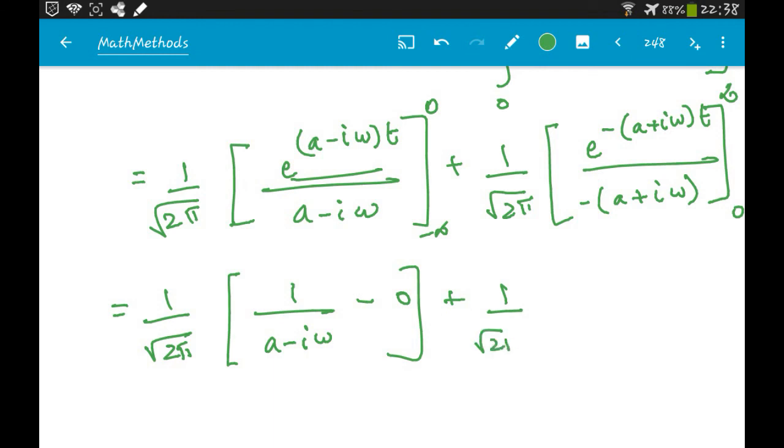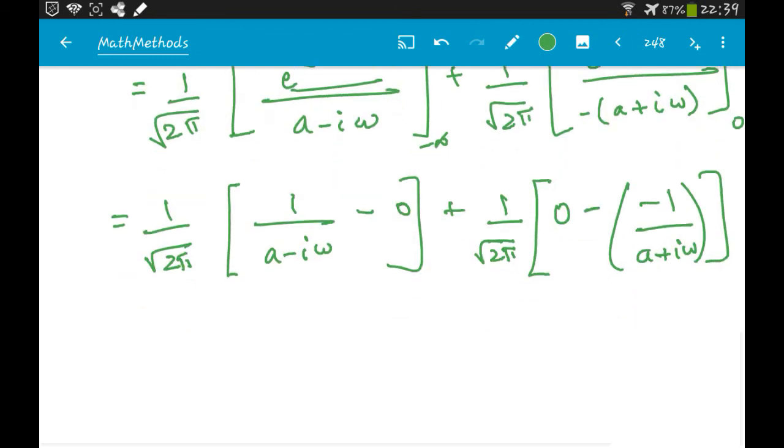And here, at infinity the value of the exponential becomes 0, because it is e to the power minus some constant into infinity. So this is 0, minus of e^0, which is 1. So you have minus of minus 1 by (a + iω).